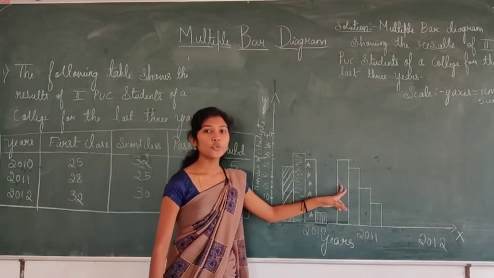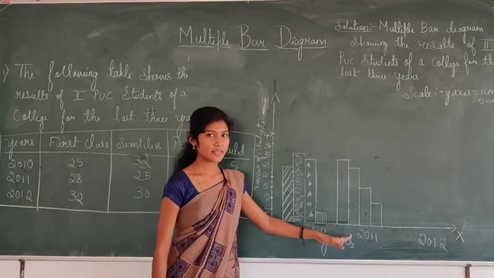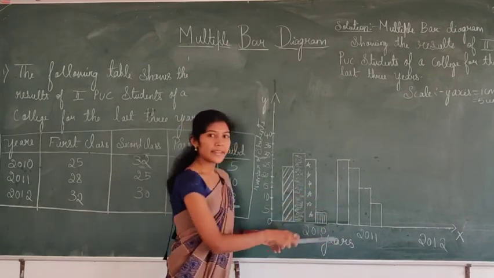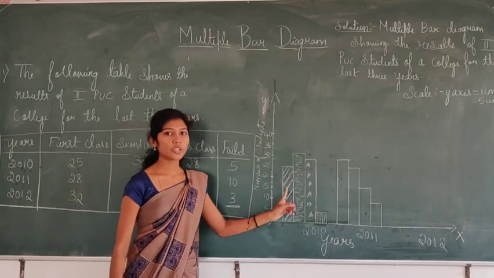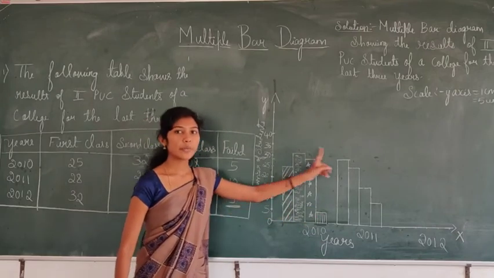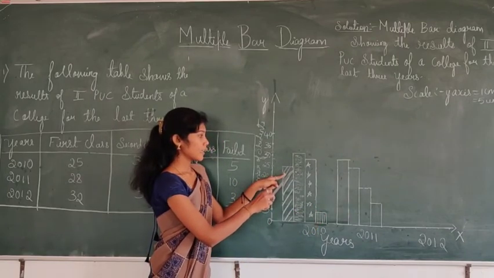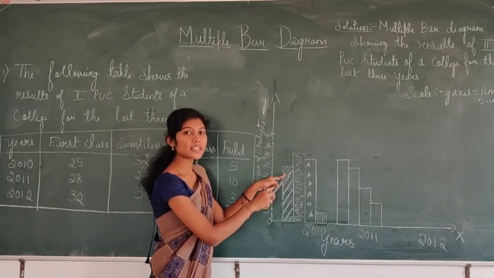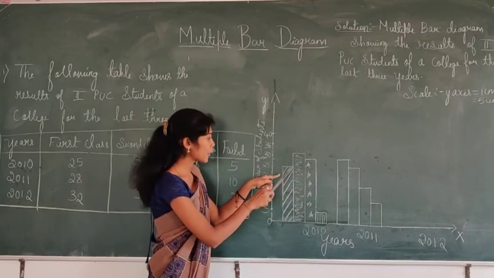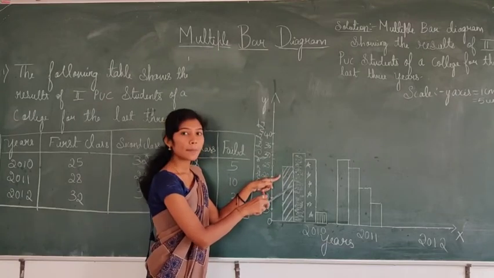Now, even here you need to differentiate the bars. Whatever marking you have given for the previous bars, the same should be given. This bar represents the number of students who have secured first class, and you have given the cross marking, isn't it?